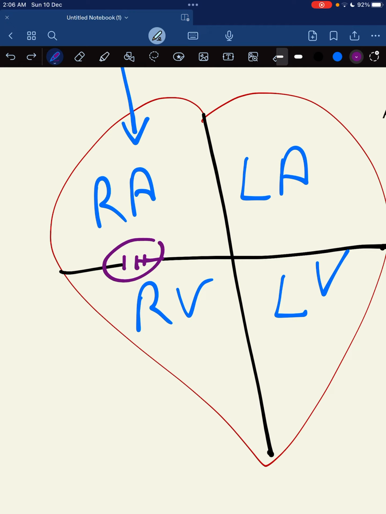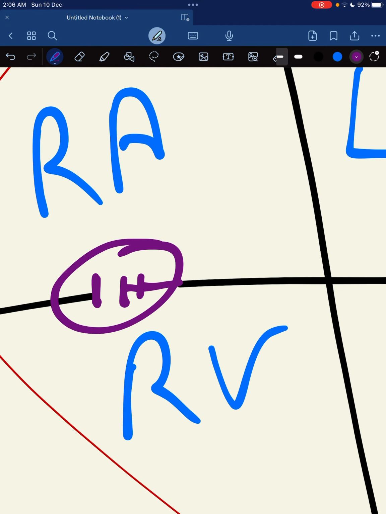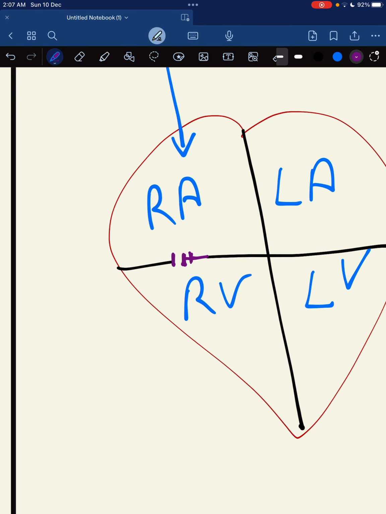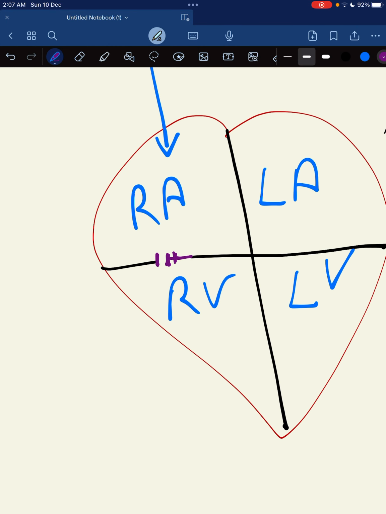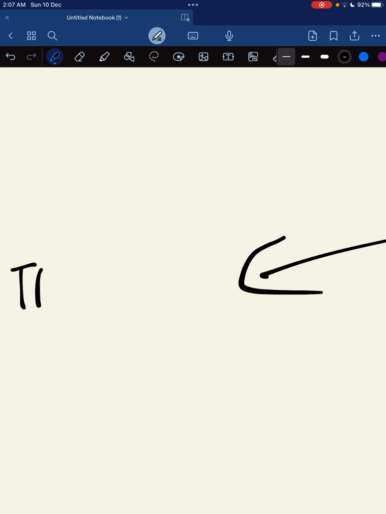This valve is known as the tricuspid valve because there are three flaps. See, one, two, three. So here is the tricuspid valve between the right atrium and right ventricle.